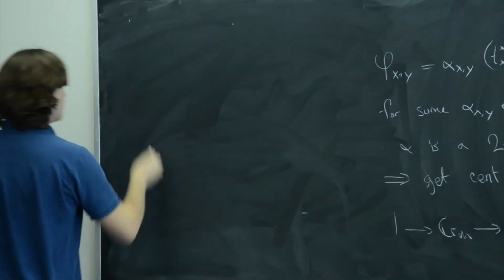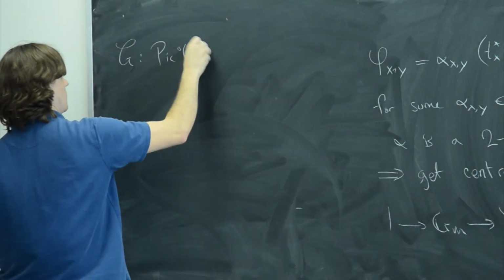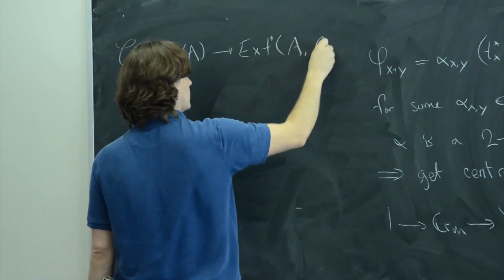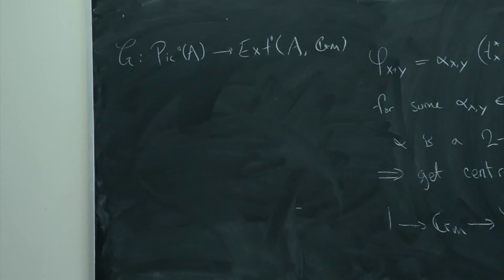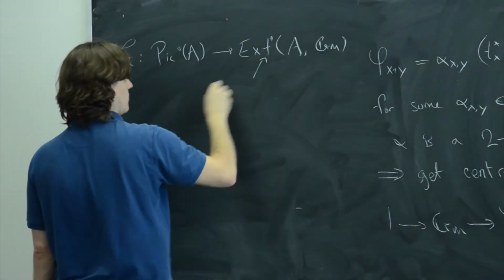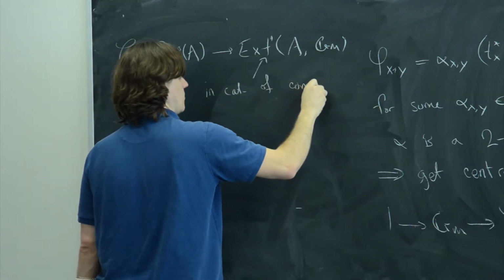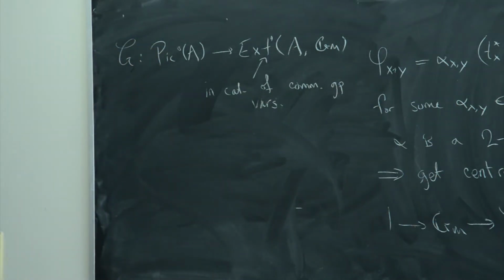So this construction gives you a map G from Pic⁰ to the group of extensions of A by Gm, where this Ext¹ is taken in the category of commutative group varieties. And Serre showed that it's a bijection.